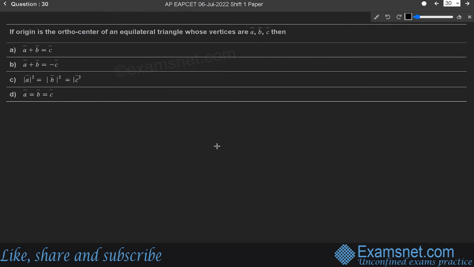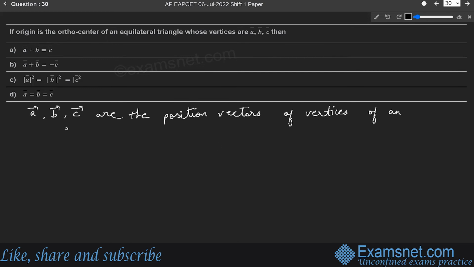So it is given that A vector, B vector and C vector are the position vectors of vertices of an equilateral triangle, then the centroid of this triangle will be equal to A vector plus B vector plus C vector upon 3.